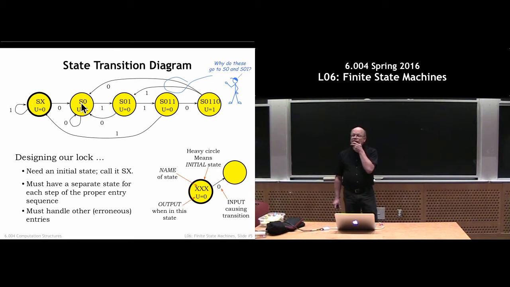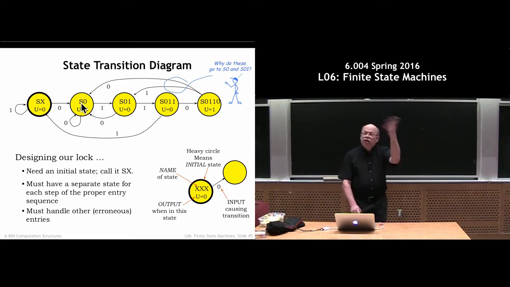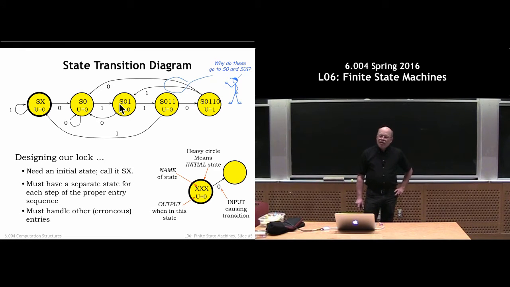Yeah? Because you've entered a 0 and started 0. Right. The user, not knowing, has entered the first bit of the combination. What about when I enter a 1, why do I go to that state? Yeah? You've already entered 0. Right, so remember the definition of the lock is that the last 4 bits were 0, 1, 1, 0.